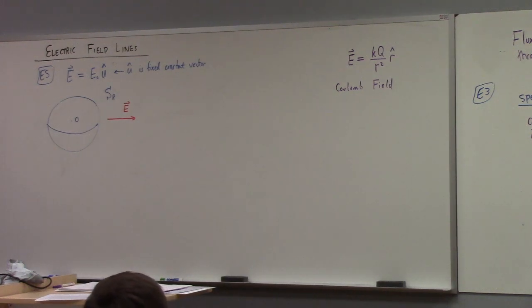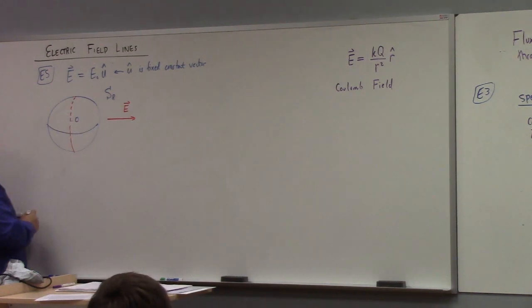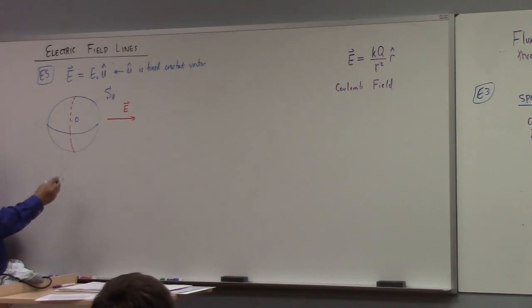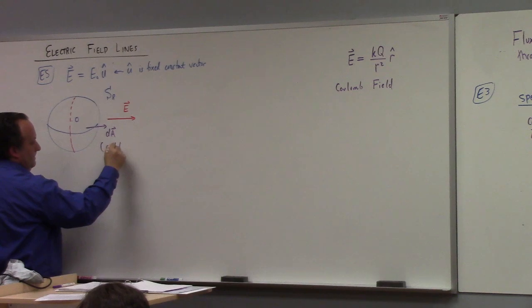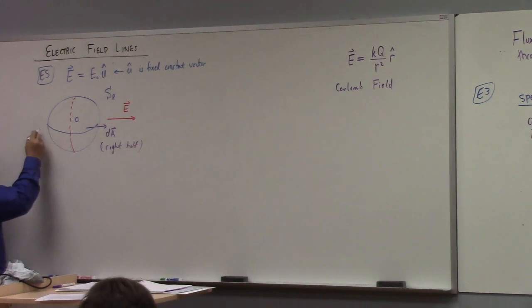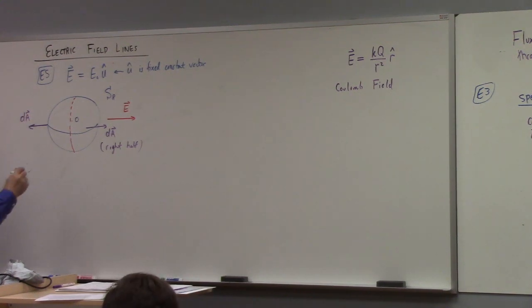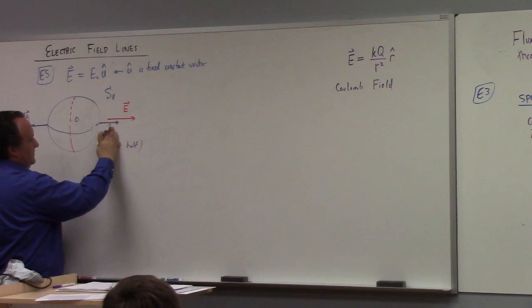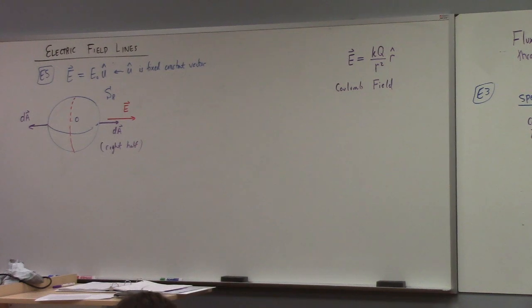We could do that. And if you do that, think about this. The sphere has 2 halves, right? On this half, the right half, you have dA like this, right? On the other hand, over here, you've got dA like that, right? The normal, I guess I should have drawn it there.